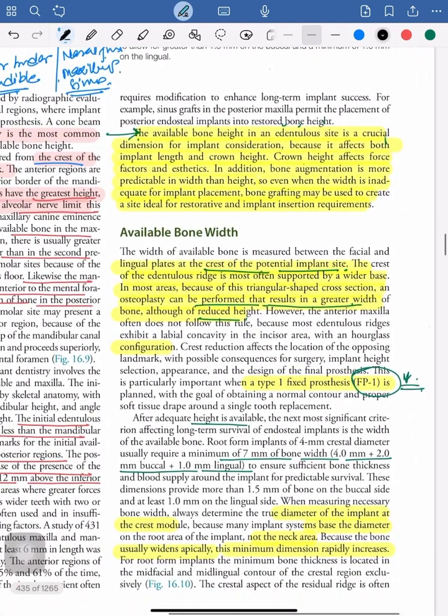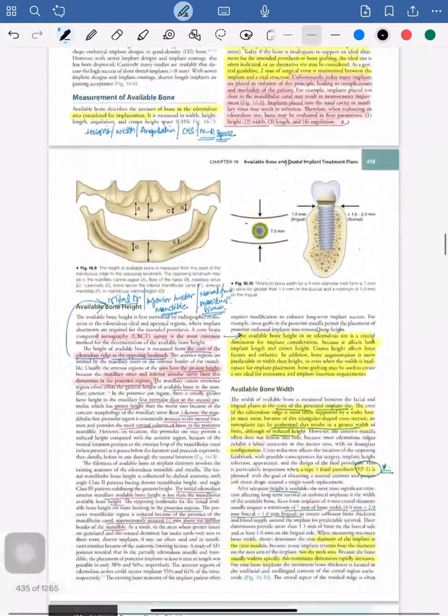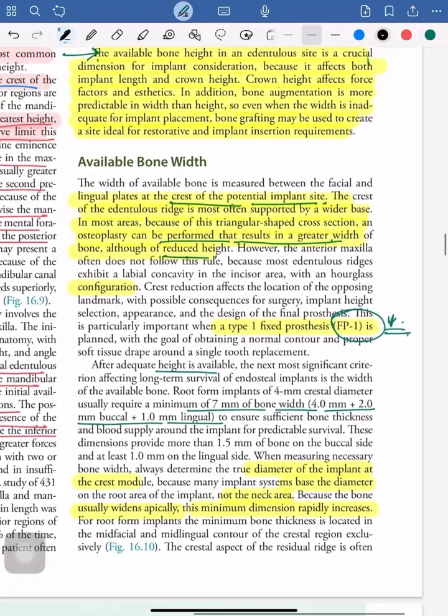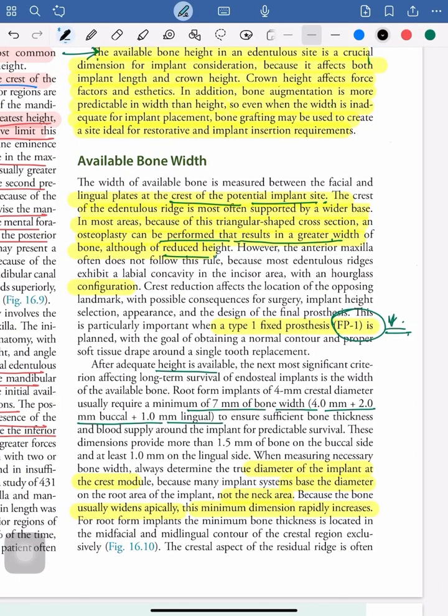So, available bone width. When we talk about width, what is ideal? Suppose this is a 4 millimeter diameter implant. Generally you would need around 2 millimeter of buccal bone, and around 1 millimeter of palatal or lingual bone.